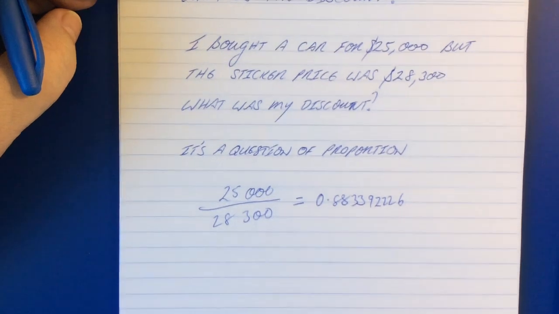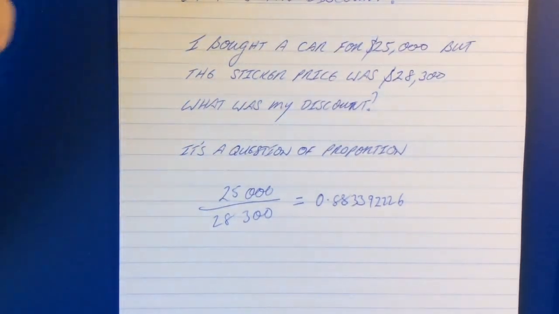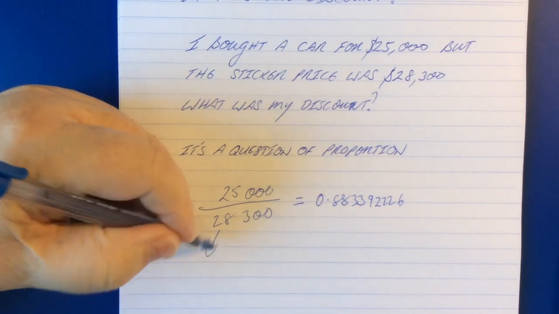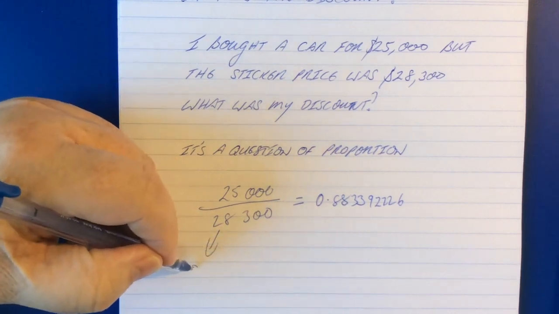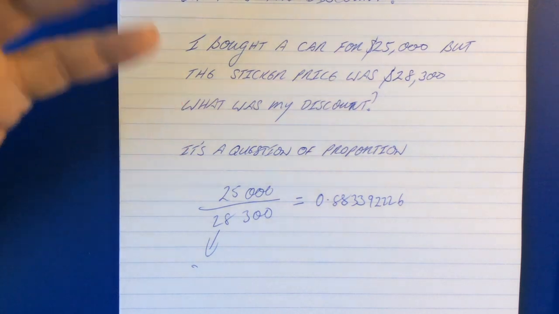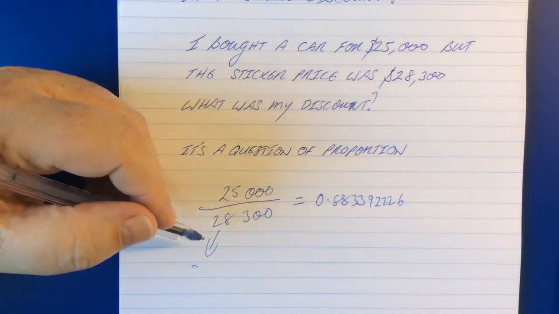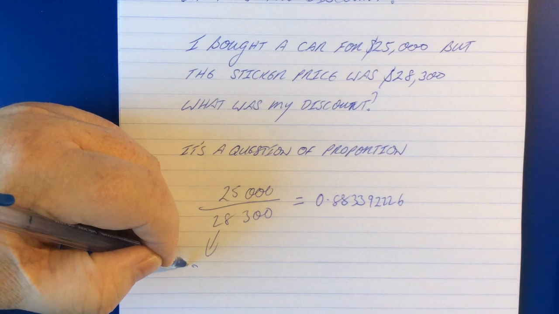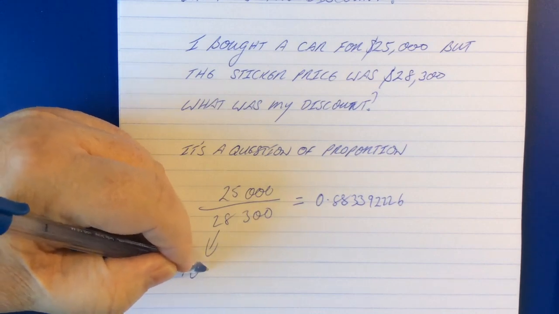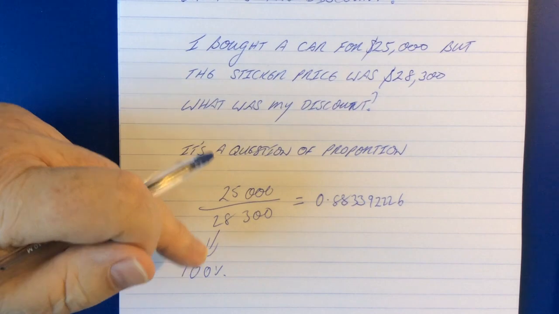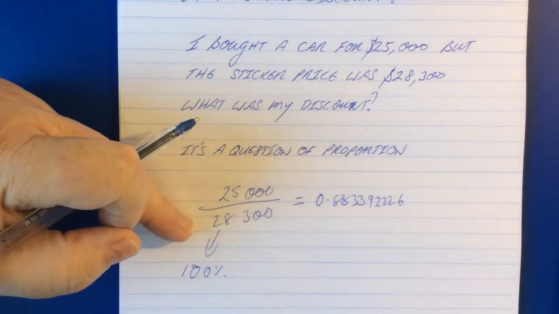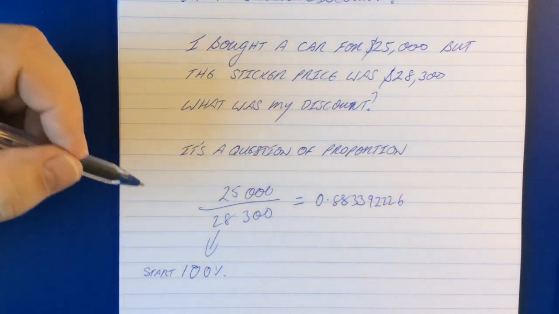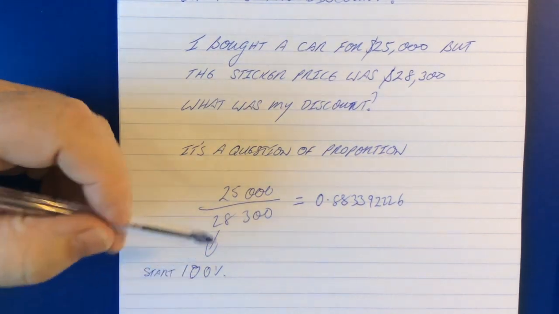And this is where it gets not only interesting, but kind of simple. So if we take $28,300 as our starting price, what is that as a percentage? Well, it's 100% of the starting price. There, starting price is 100%.